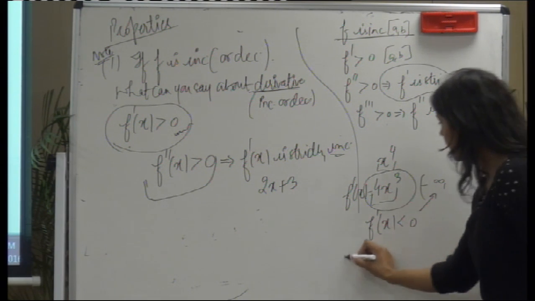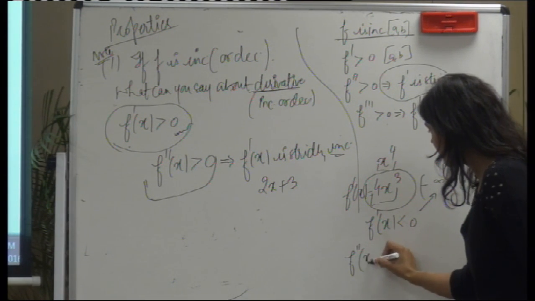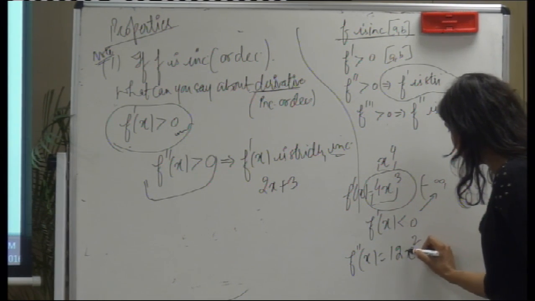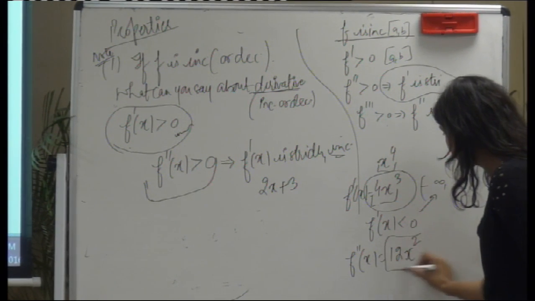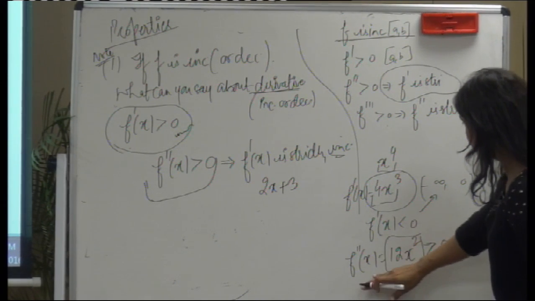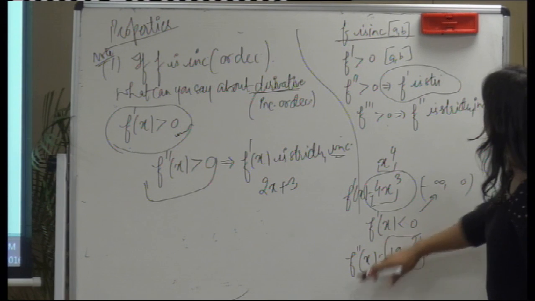What about the double derivative now? It will be 12x square, and this is always greater than 0.